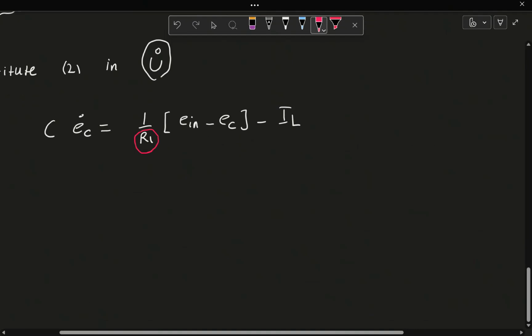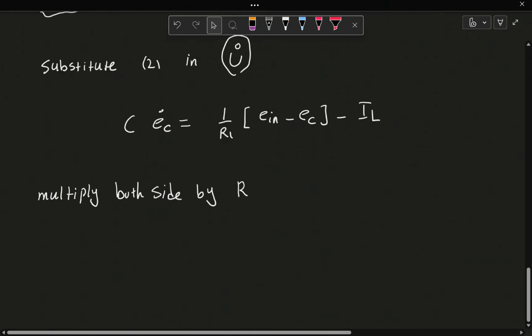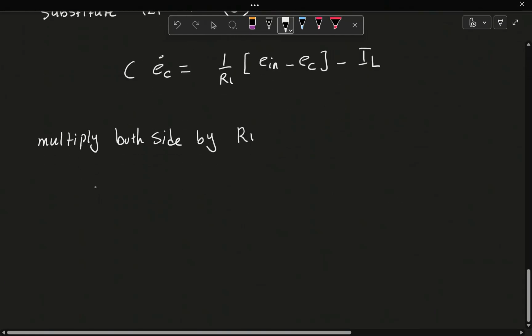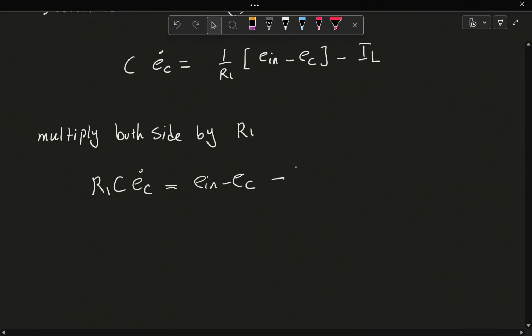Yes, so if you multiply both sides by R1, you will have R1 C E dot C equals En minus EC minus R1 IL.